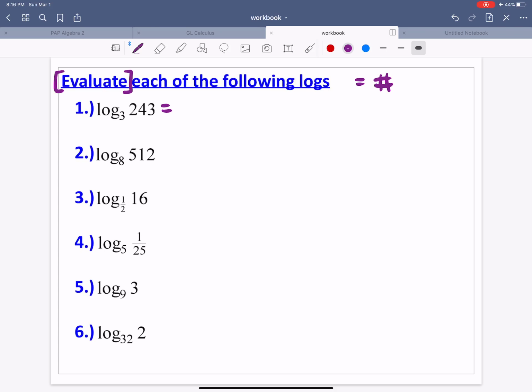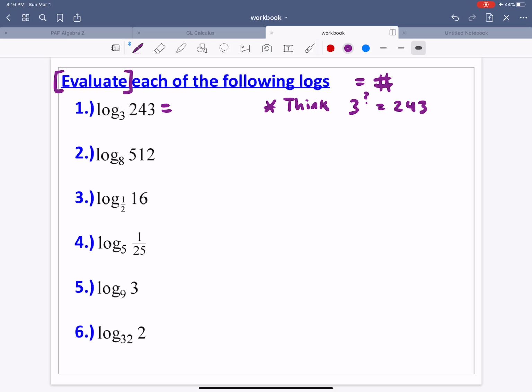So, first of all, number one, I'm going to have log base 3 of 243, and it's going to equal a number. We're evaluating, it's going to equal a number. So here's the hint that I would give you. Think about this as 3 to a mystery exponent that equals 243. So essentially ask yourself 3 to what power equals 243?